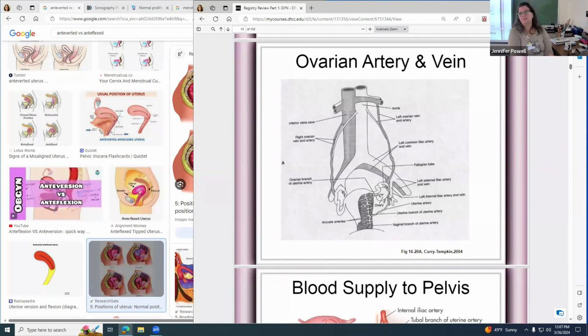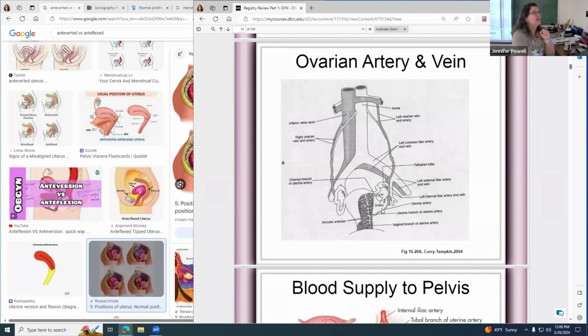And who remembers what's special about the venous supply? Actually, there's also something a little bit special about the left arterial supply, and it's that the left ovarian artery comes off of the left renal artery. There you go, Jen.